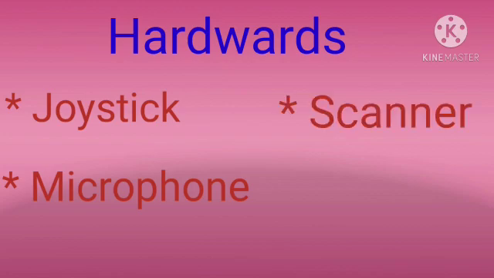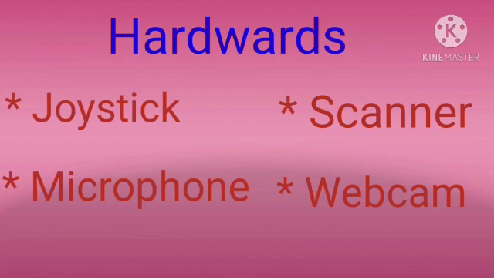Next is scanner. Scanner: a device used for copying a picture or document into a computer. Next is webcam. Webcam: a video camera connected to a computer. It allows its images to be seen by internet users.